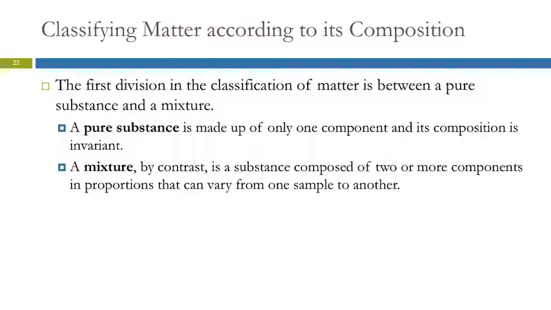So we could have, let's pretend that's chlorine gas, Cl2. And so all of the particles are the same. 2 chlorine atoms stuck together. That would be a pure substance.